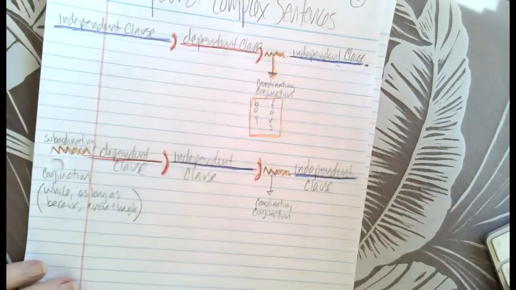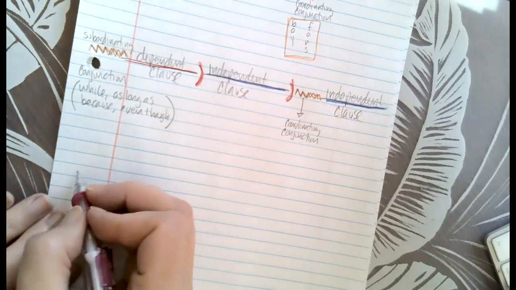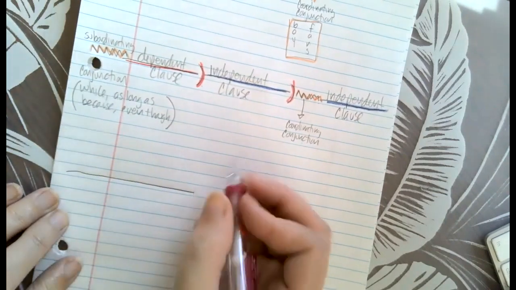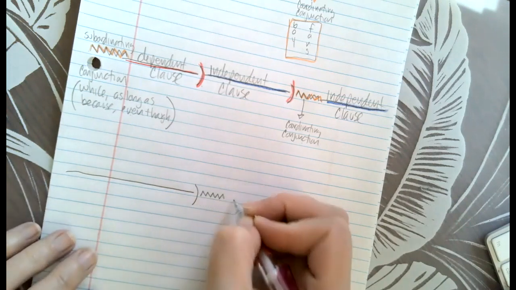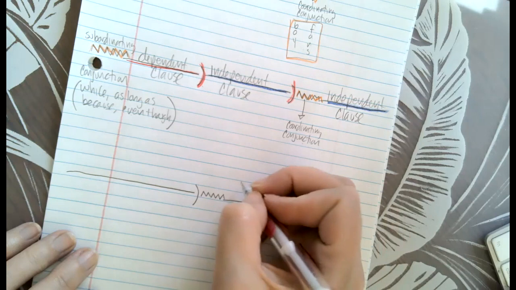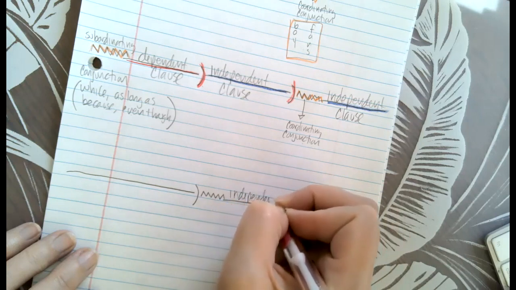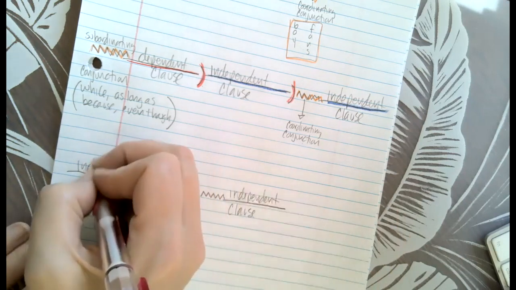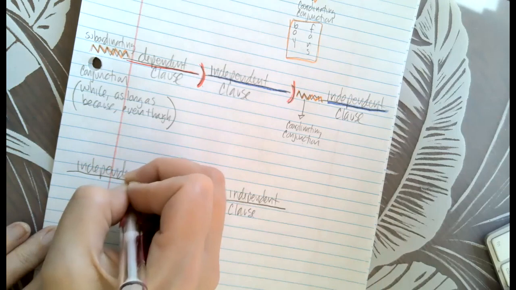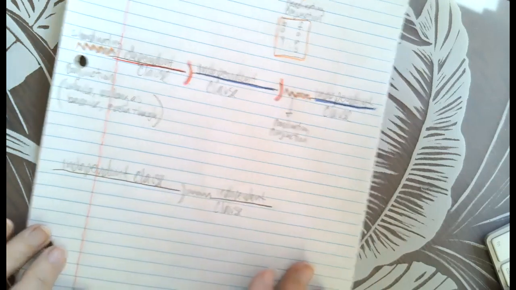Okay, and then the last sentence frame we're going to do for compound complex starts out with an independent clause. And then we have another independent clause. Okay, so two of those.